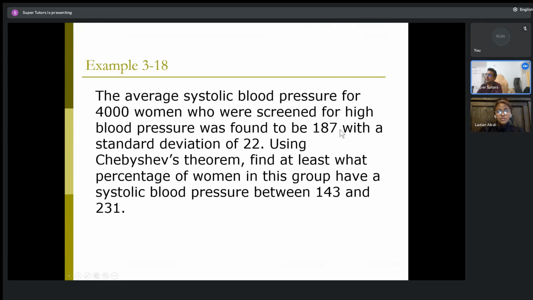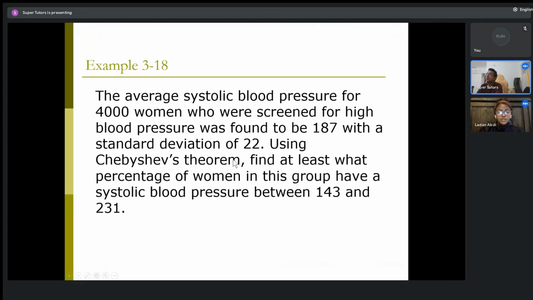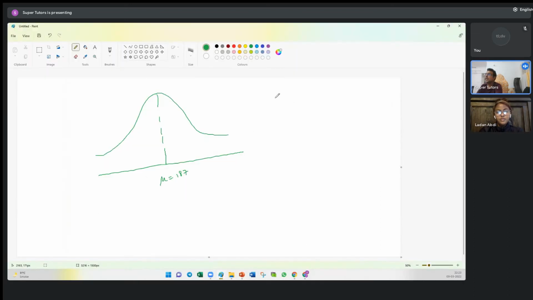The average was 187. The average blood pressure for 4,000 women who were screened was found to be 187. So the mean is 187. What's my standard deviation? 22. So I will just let it hang in the air somewhere, 22. That's how we always treat standard deviation initially.